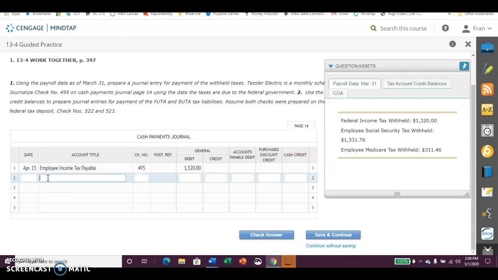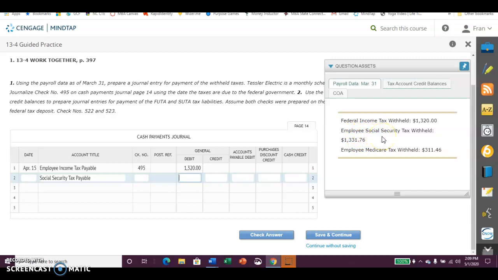We're also going to pay the Social Security tax payable. Now this is where you want to be careful, because you're not going to just put $1,331.76, because that's the employee Social Security tax withheld.